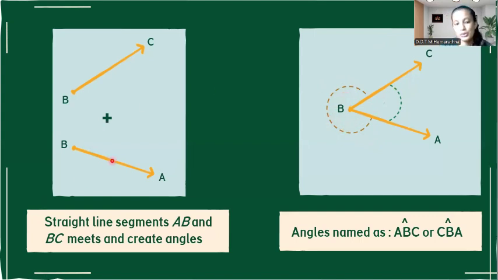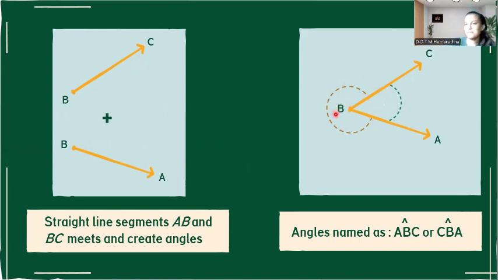So, when the AB line and BC line meet at one point, they form two angles. You can see here an acute angle and here a reflex angle.